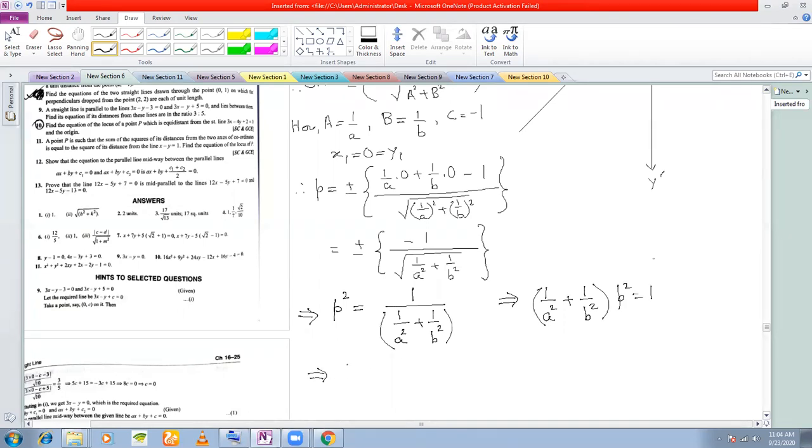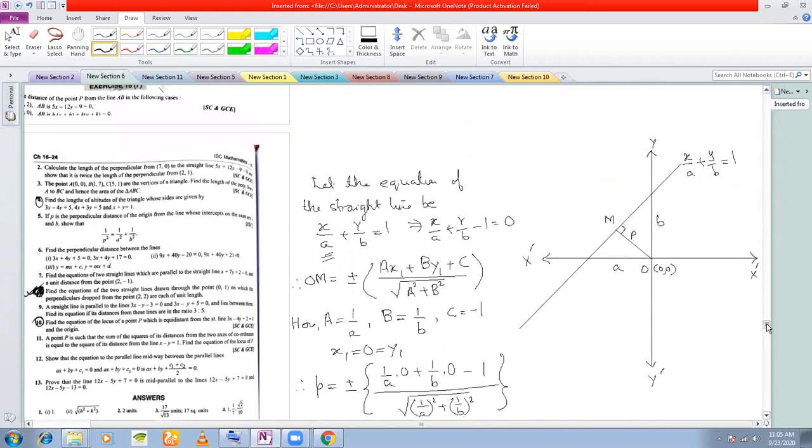That means 1 by a square plus 1 by b square is equal to 1 by p square, which is the required proof here. Okay, this is what we needed to prove, so proved. Let us see the next one.